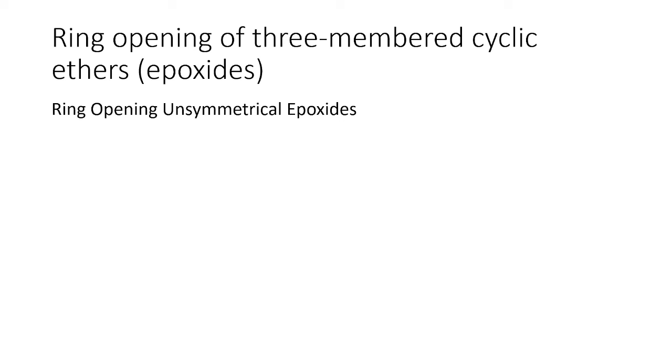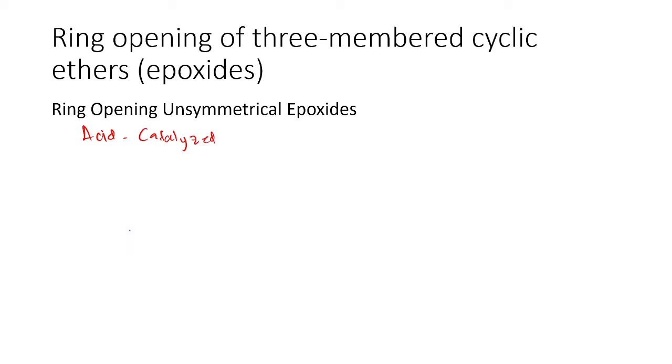Actually, for unsymmetrical epoxides, we have two conditions or two types of ring opening reactions. The first reaction is our acid catalyzed ring opening. By its name itself, the reaction is catalyzed using acids.